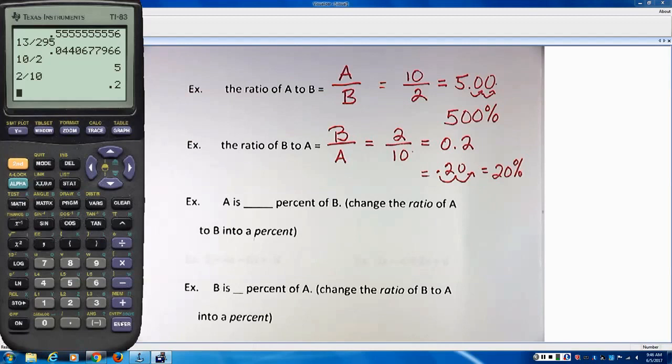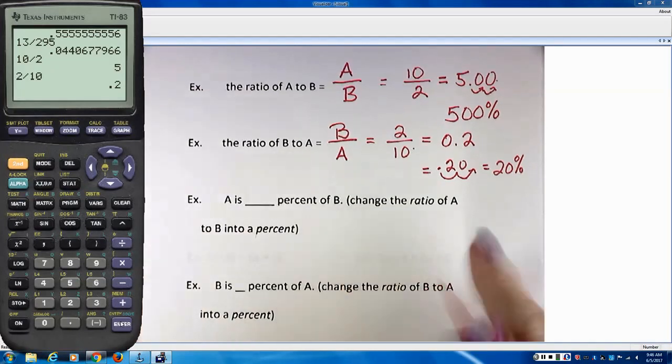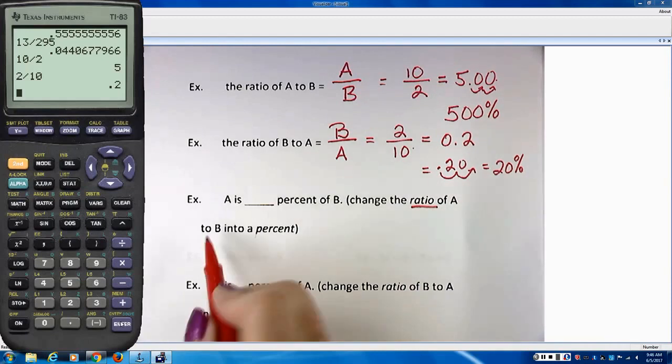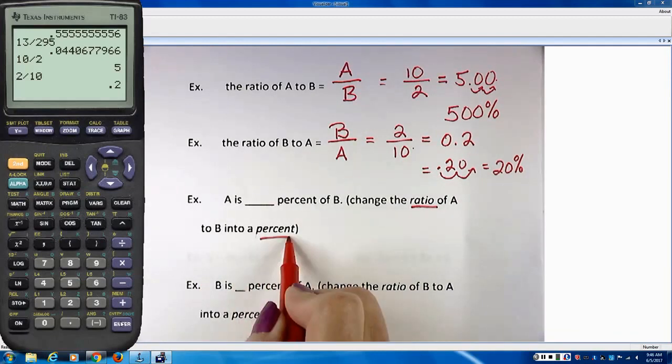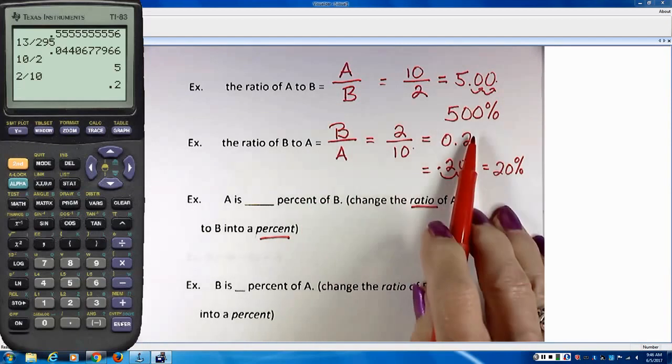So in our next example, it says A is what percent of B? What you're doing is you're changing the ratio of A to B into a percent. So A to B is 500%.